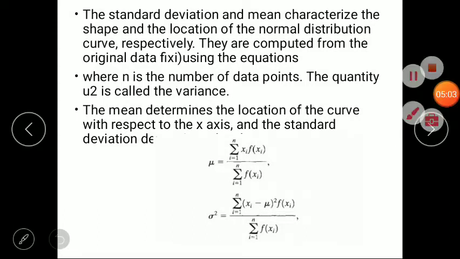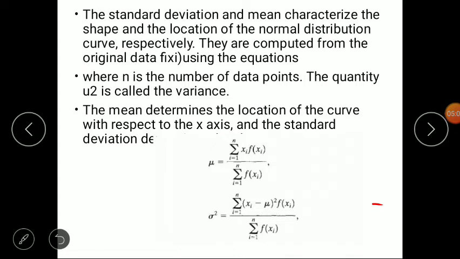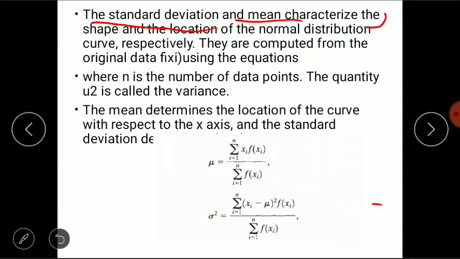Now, the normal distribution equation says that the standard deviation and the mean characterize the shape and the location of a normal distribution curve.